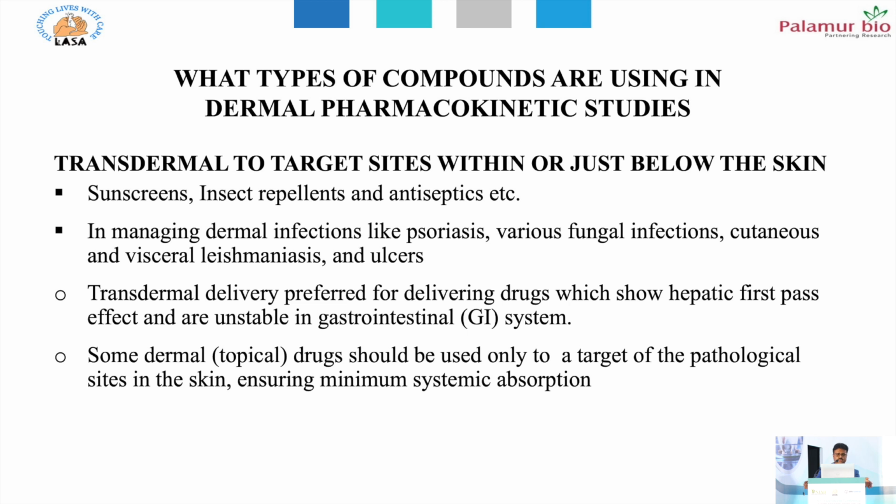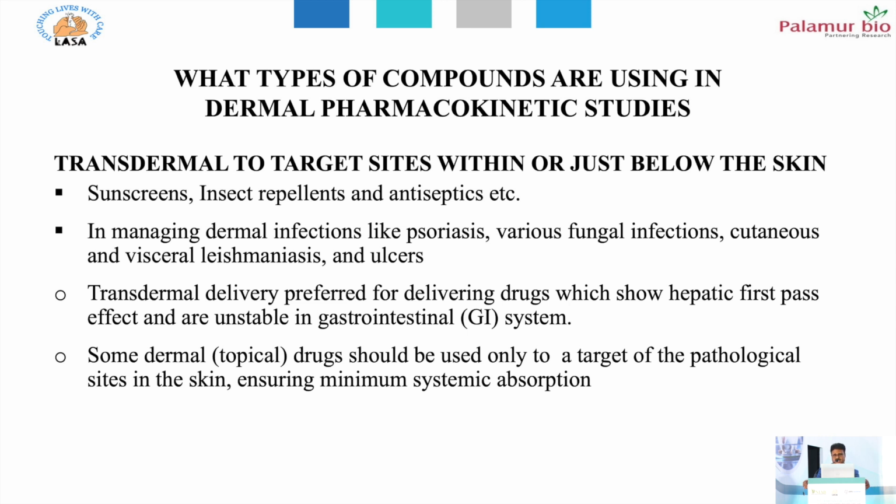Once you go through the transdermal route to the target sites just below the skin, the drugs could be anti-cancer drugs, which could be game changers, or drugs against psoriasis. These drugs are important because you can't administer them systemically because of side effects, and everybody knows that.